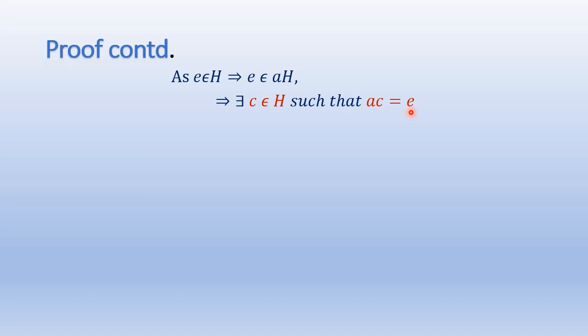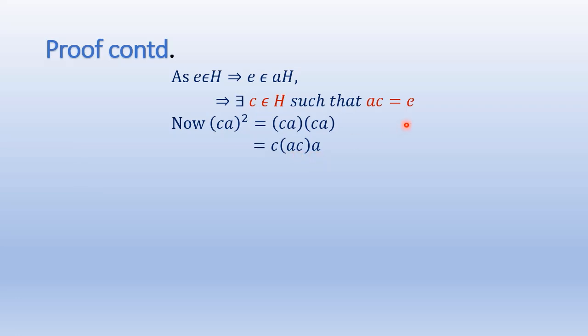So to verify that, we shall consider (ca) whole square. So (ca) whole square is nothing but ca into ca. By associative property, we can write this as c into (ac) into a. So we can group these two elements and then write like this. ac is equal to e.